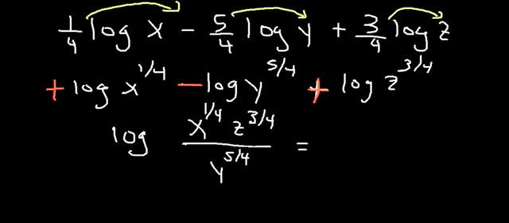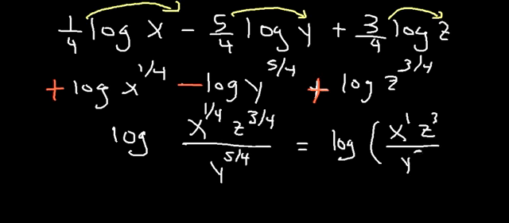Now what I'm going to do is factor out 1/4 from every exponent. So I can write log x to the 1, z to the 3, and notice that the numerator stays, y to the 5. Here's a 1, here's a 3, here's a 5. You can do this if they have a common denominator, which they do. And then all raised to the 1/4.